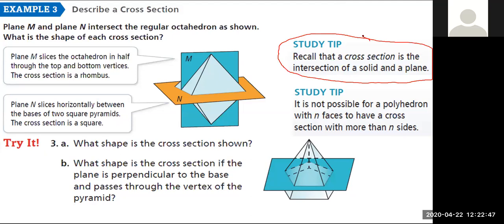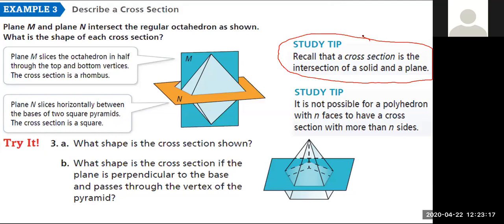So whenever you have a cross section, it is going to be some type of two-dimensional figure. For any of our polyhedrons, it will be a polygon. So anytime you're looking at a cross section of a polyhedron, it'll be a polygon or one of 2 other things, a line segment or a point.